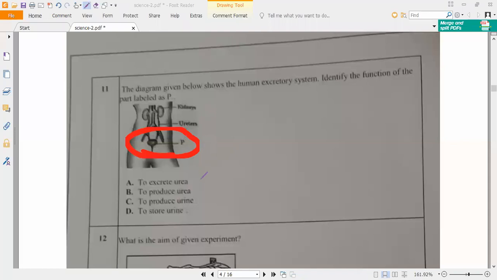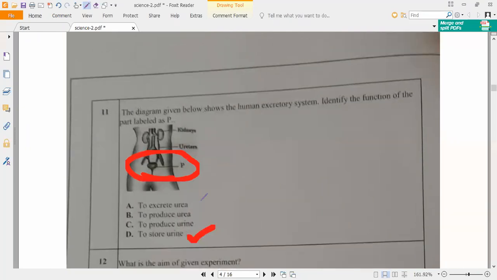Yes, sir. So the function is to store urine. What is the name of this organ? Urinary bladder. So it is the urinary bladder, and its function is storing urine. Yes or no? Yes, sir.